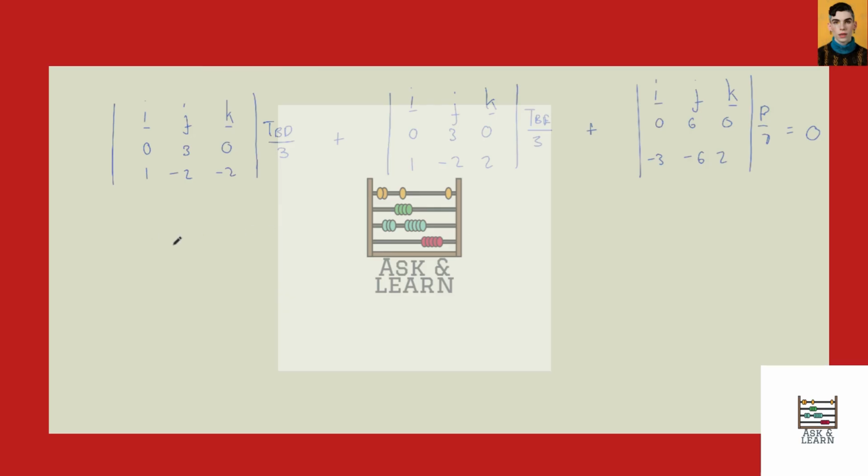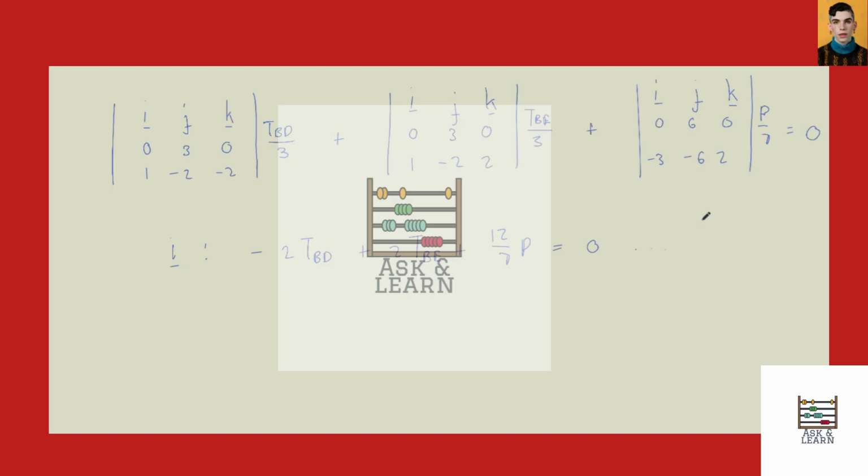So let's look at the I coefficients, and we get from the I coefficients that minus 2 TBD plus 2 TBE plus 12 over 7 times P must equal to 0.